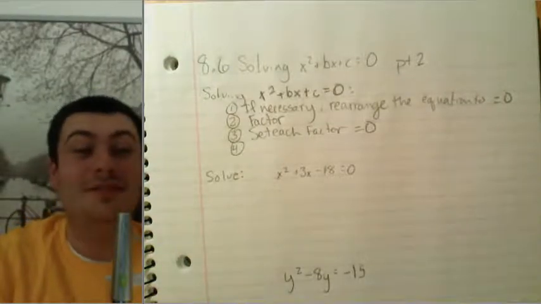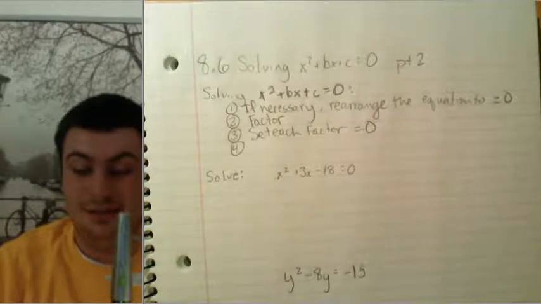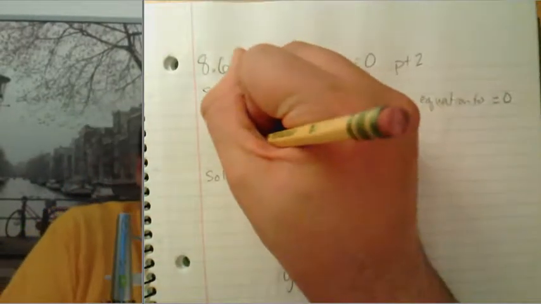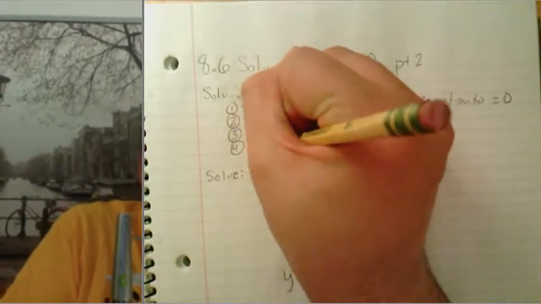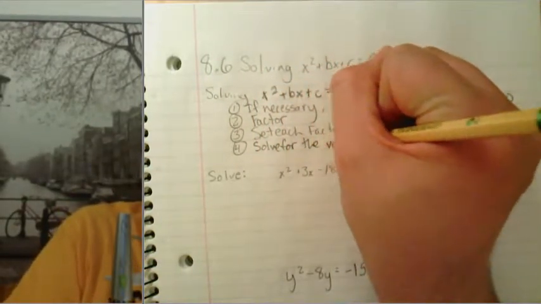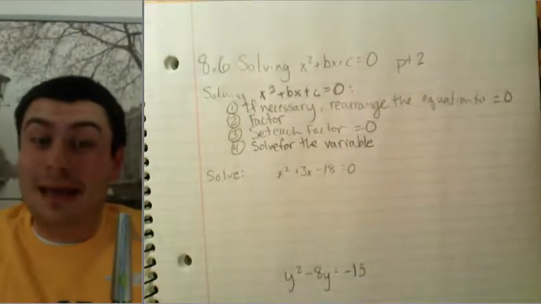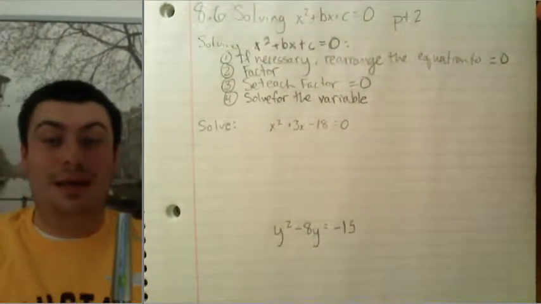We know that if a product equals 0, then one of the factors must equal 0. And after that, we're going to solve for the variable. Again, we may have multiple answers, and that's okay.